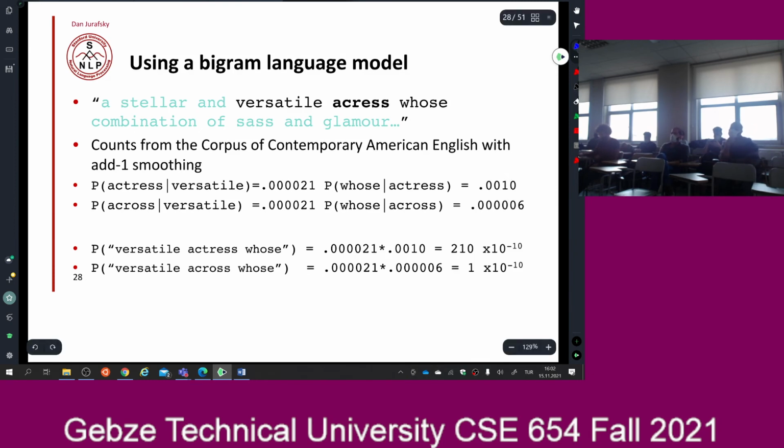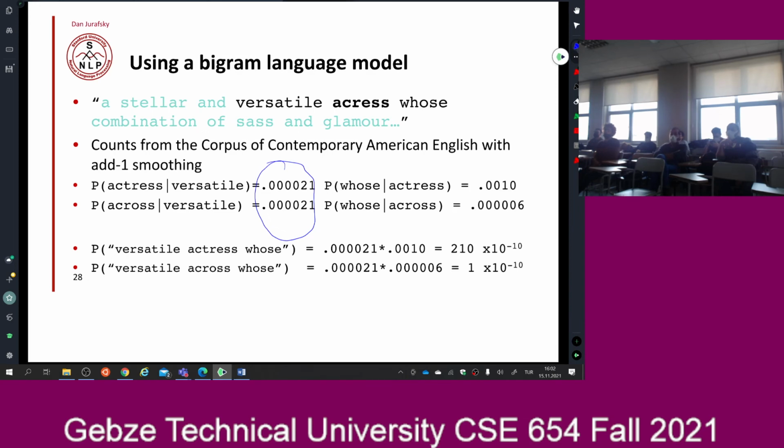And if I multiply, what is this? 0.00021. What is that? The probability of actress coming after versatile.